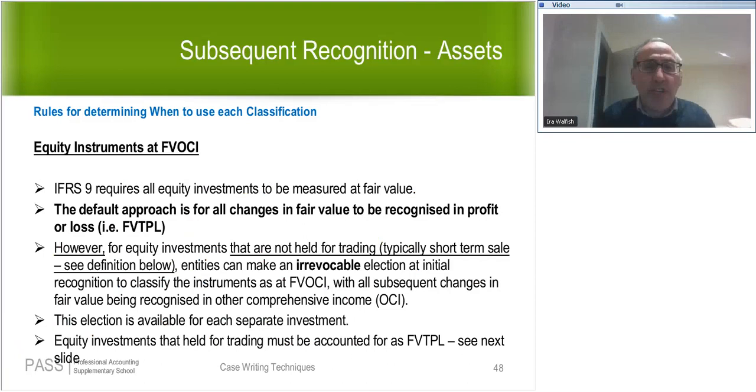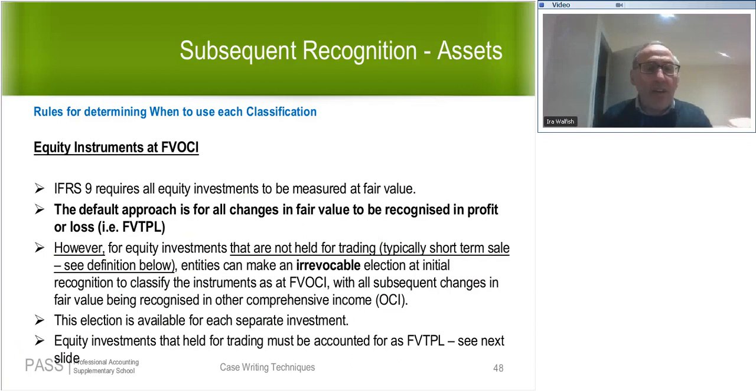You mentioned earlier there is no amortized cost option. The default approach under IFRS 9 is to use the FVTPL category. That's the default category. So if you don't opt otherwise, the default is to use the FVTPL category for your shares, for your equity instruments, with any change in value going to the P&L.